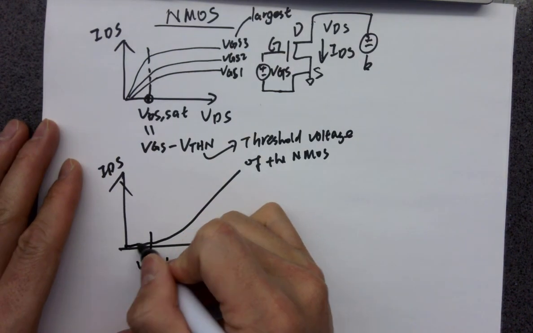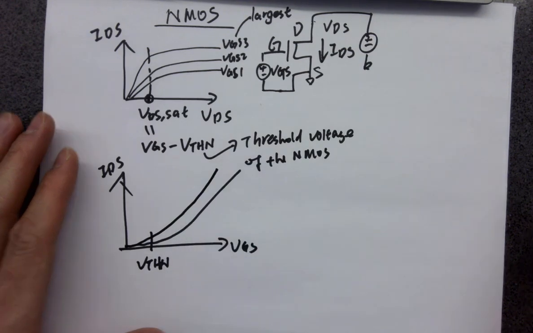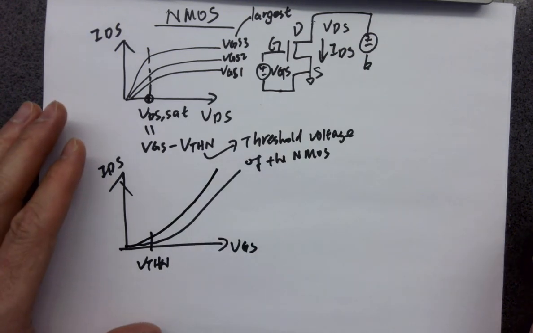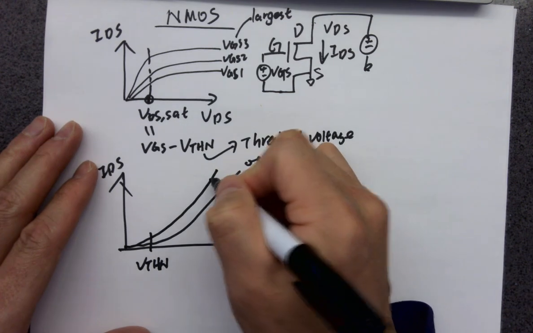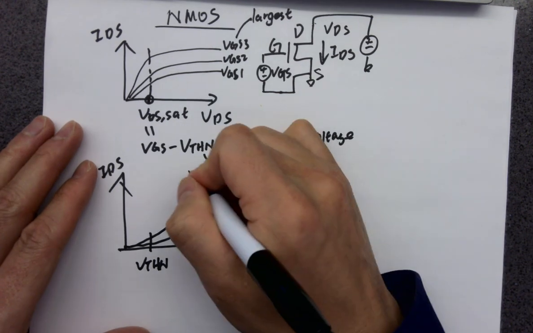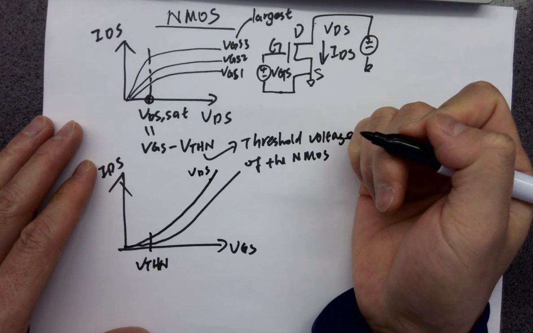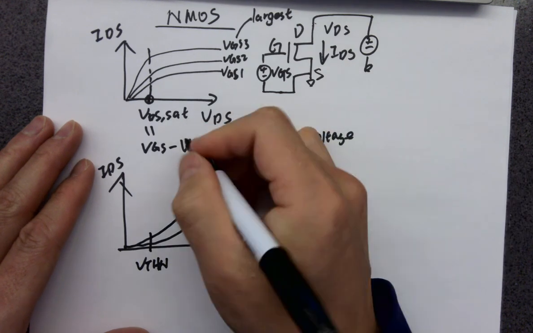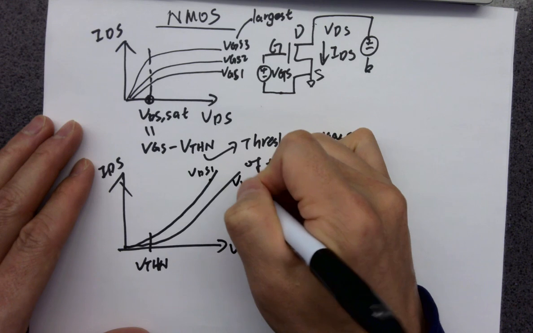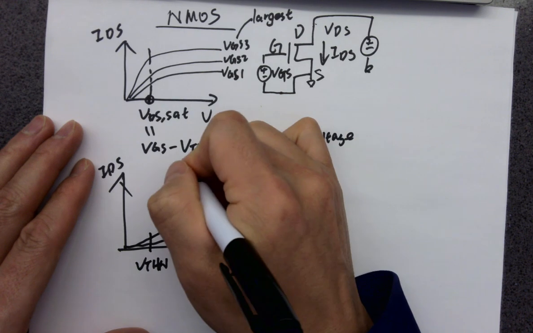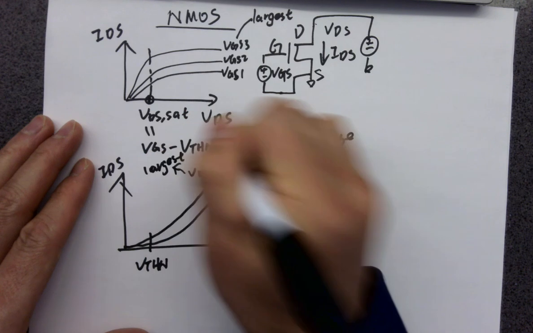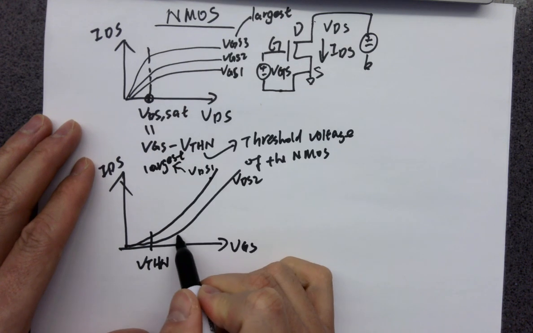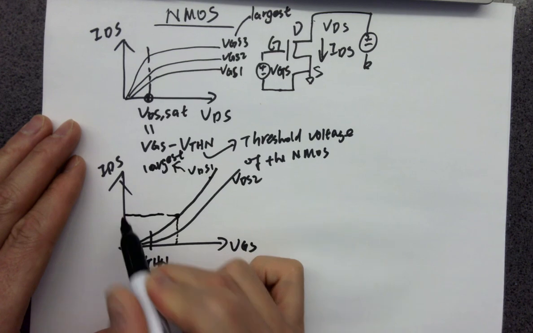So this line here is a bigger VGS or lower VGS. Oh, VDS, I'm sorry. Which one has a bigger VDS? This one, right? This one has a large VDS. VDS1, VDS2, so this is the largest. Why? Because at the same VGS, this guy has a higher current.